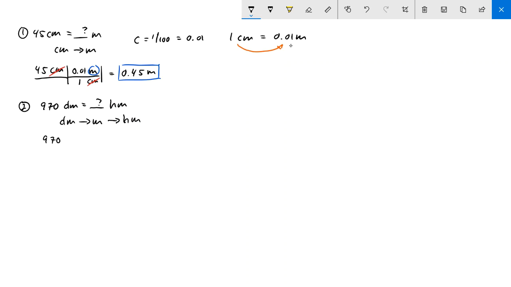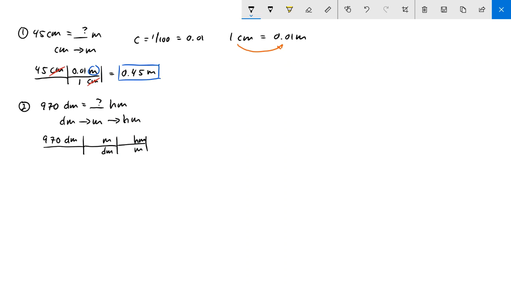So we'll take our 970 decimeters, top left. We want to get rid of decimeters by putting it on the bottom, changing it to meters. That's what this says here, decimeters to meters. Then we'll change our meters to hectometers. And since meters is on the top, put it on the bottom here and change it to hectometers.